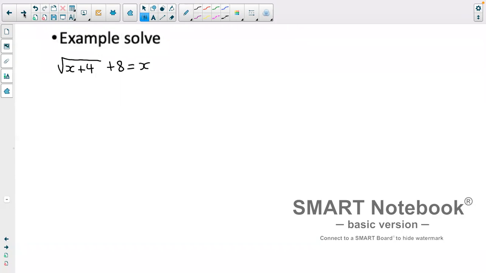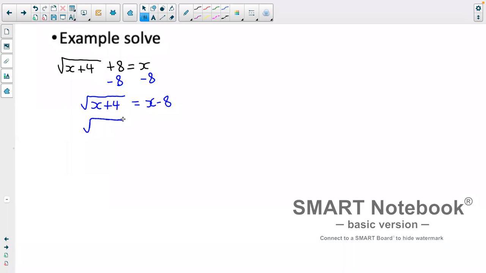So for example, solve. We have the square root of x plus 4 plus 8 equals x. First thing I would do is move the 8 to the other side because we want the square root on its own. So we have the square root of x plus 4 equals x minus 8.